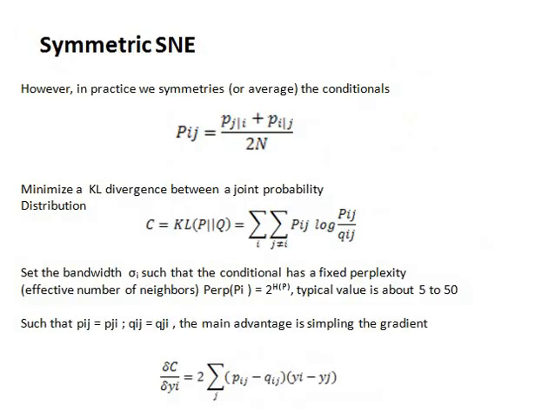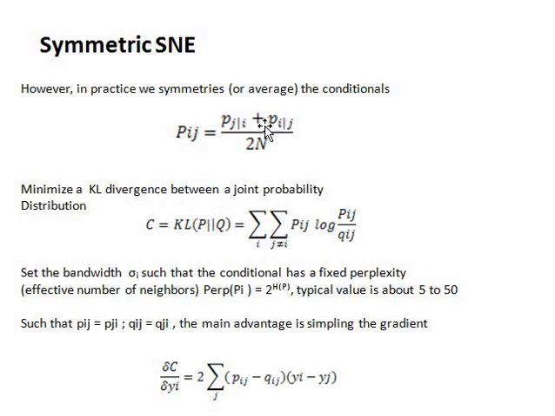In t-SNE we use symmetric SNE. That is nothing but we do not use the similarity score like conditional probability, but we use the joint probability of the conditional probabilities. Let's see, the i data point and the j data point. This is the probability of Pj given i plus the probability of Pi given j.